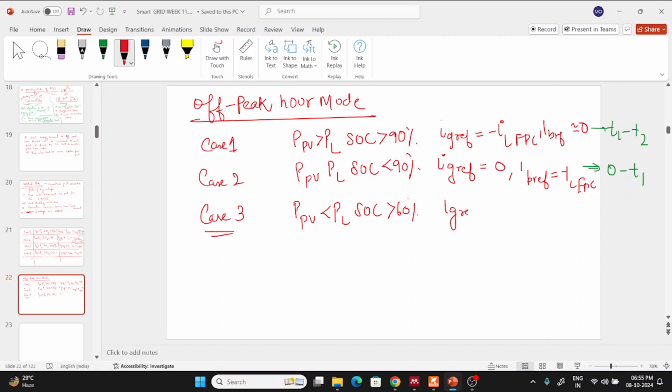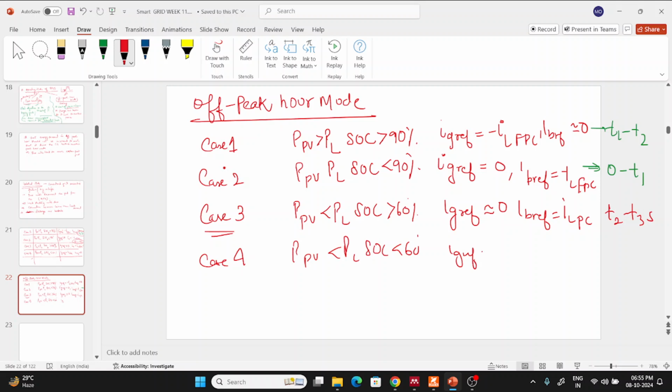Therefore I_grid_ref will be equal to 0 and I_B reference will be equal to I_LFPC. This time corresponds to T2 to T3 seconds. For the other strategy, PPV is less than P_load and SOC is less than 60%. At that time the grid reference will be I_LFPC and I_B reference will be equal to 0.